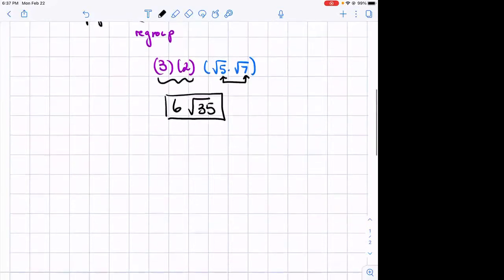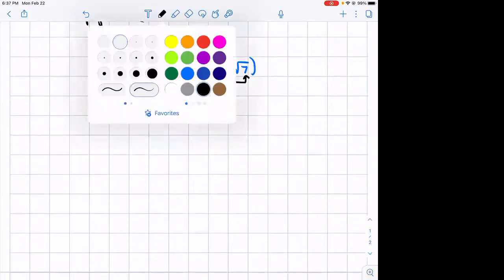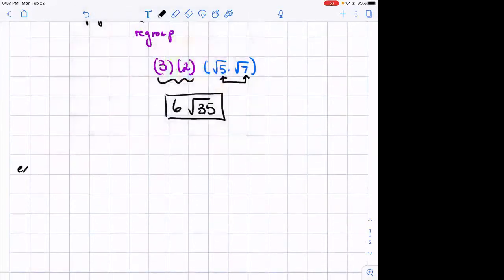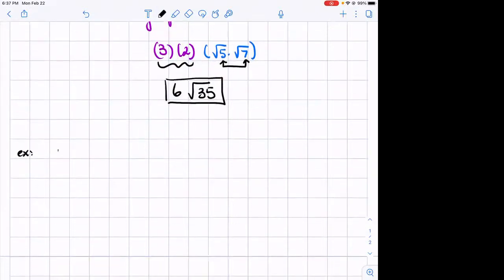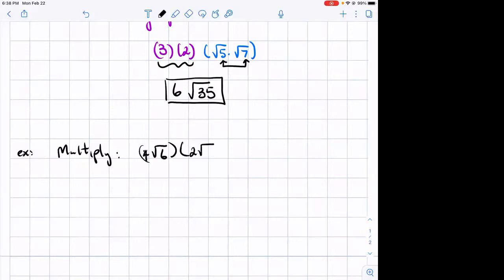Let's look at another example. We have to multiply 4 square root of 6 times 2 square root of 15 times 3 square root of 10.